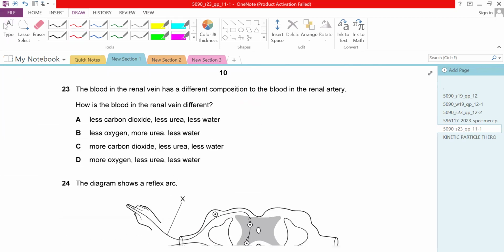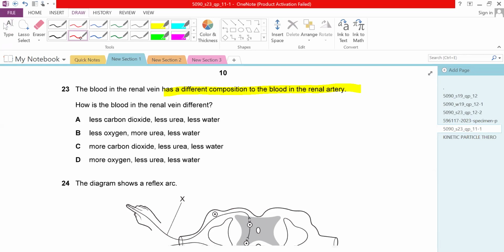Question number 23. The blood in the renal vein has a different composition to the blood in the renal artery. How is the blood in the renal vein different?